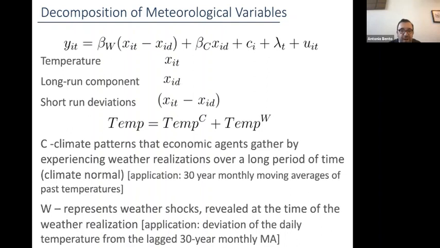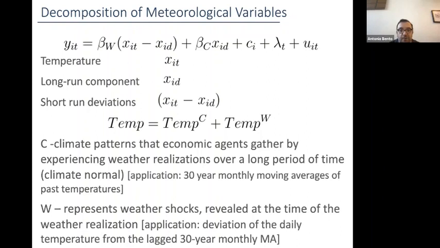And so the question is, how do we do that? And we do that by realizing that we can decompose weather realizations, temp, into the sum of temp C and temp W, where C here denotes the climate patterns that the economic agents gather by experiencing weather realizations over a longer period of time. And so we're going to start with the climate normal.